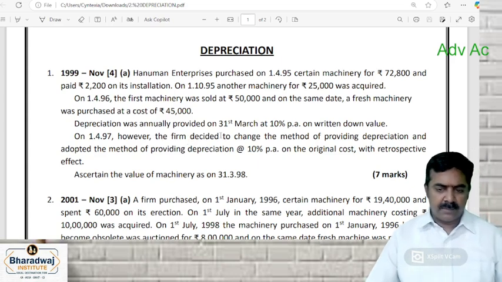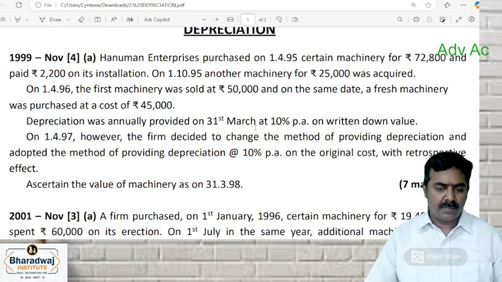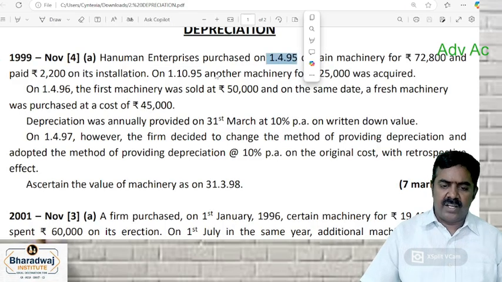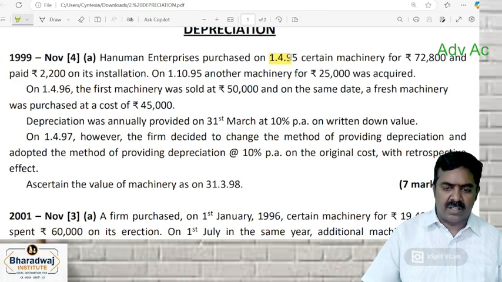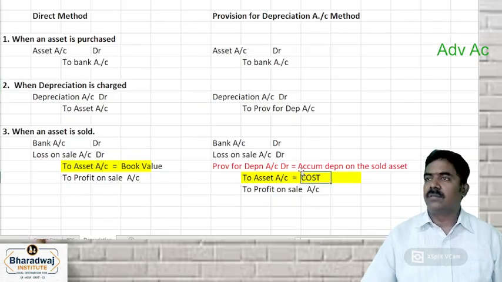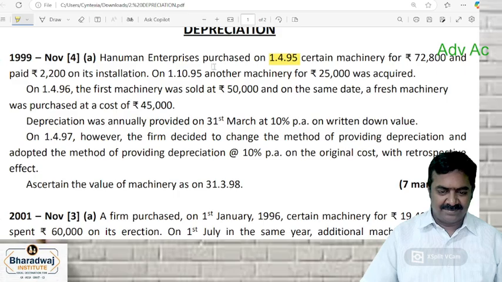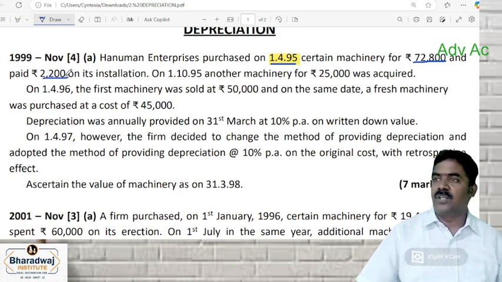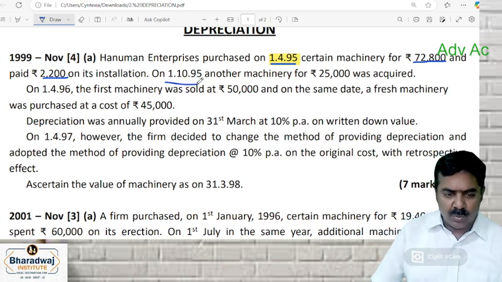Read the first question. On 1495, we purchased a machine for 72,800 and paid 2,200 for installation.